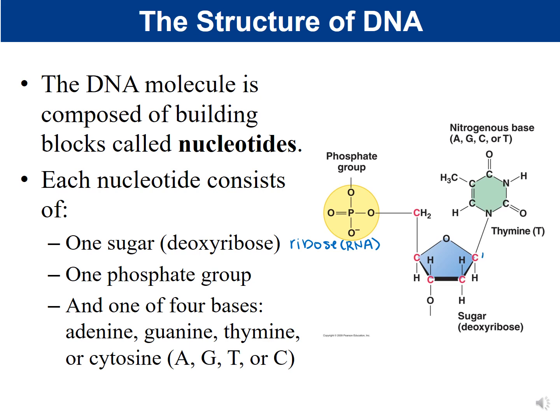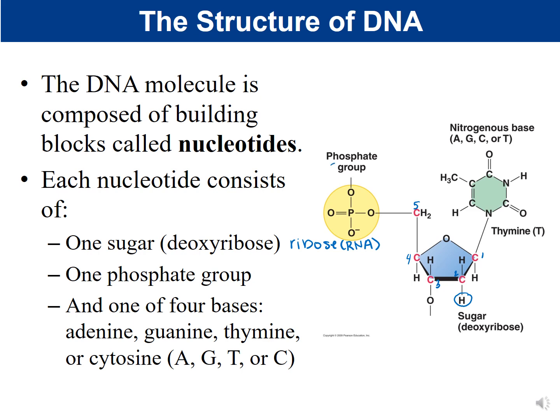So carbon 1, 2, 3, 4, and 5. The deoxyribo comes from the fact that at carbon 2, there's no oxygen on that carbon. It's just a hydrogen. If you were to look at ribose, that would have an OH group at carbon 2. It has the oxygen.